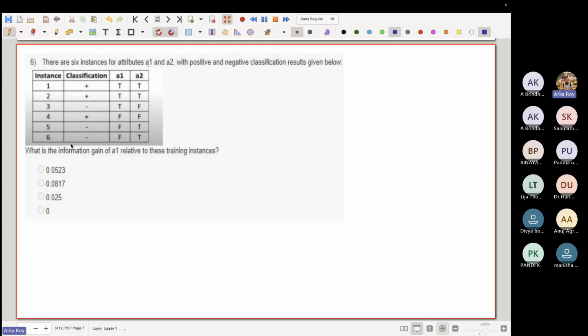Actually, the classification should be represented on the right-hand side, because this is the dependent variable, rather than putting this output in the middle.